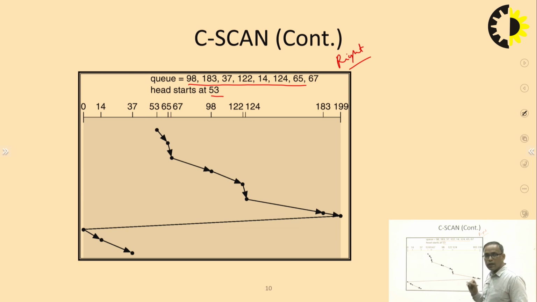It means it is moving in the increasing order of tracks. So again, in whichever direction the read write head is moving, it will go to the end. It means it will go to the last track in that direction, and it will service all the requests coming in the path. So when the read write head is at track number 53, after that it will execute 65, then 67, after that 98, 122, 124, 183.